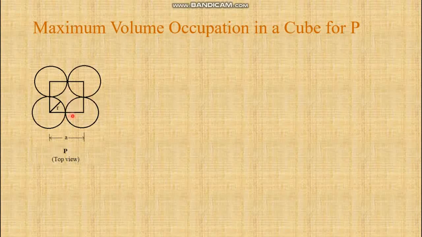So if you take only two-dimensional view, then one of its face or surface would look like this picture. Here in this picture, this point to this point has the distance of a, which is actually the edge length, and its half distance is actually the radius of each sphere.